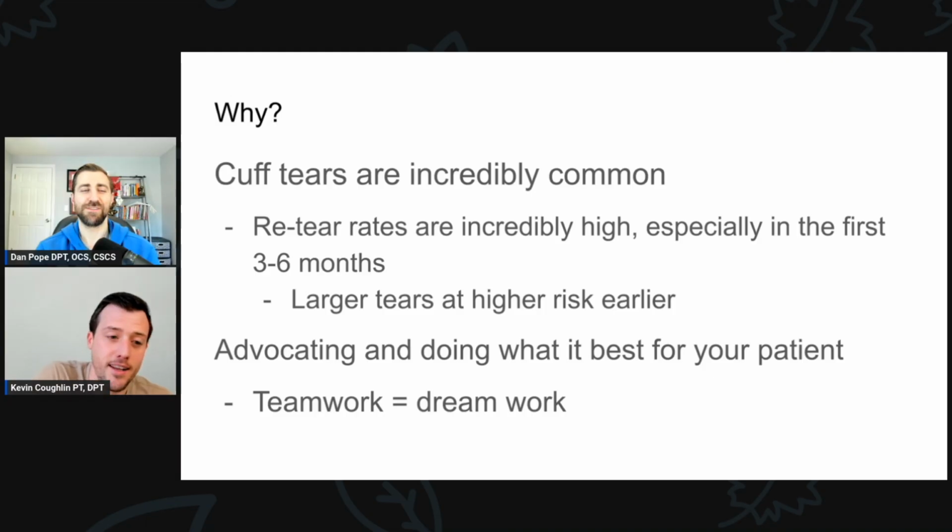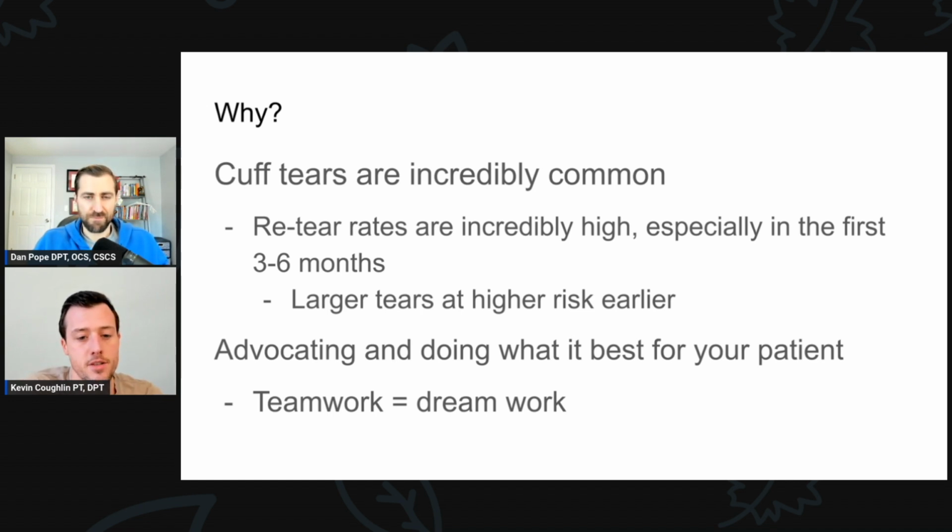I was just going to say, why are we even bothering going over this, right? Well, I think the big thing is that cuff tears are incredibly common, and then with surgeries, re-tears are very high, right? Especially in the first 3 to 6 months. So with that, we have to have certain things that we care about in the rehab process. There are keys here that we want to follow.